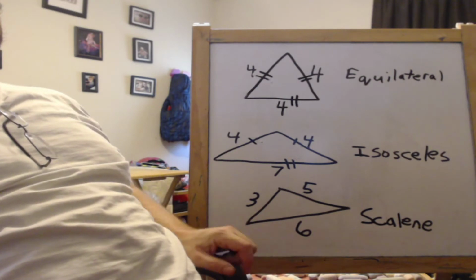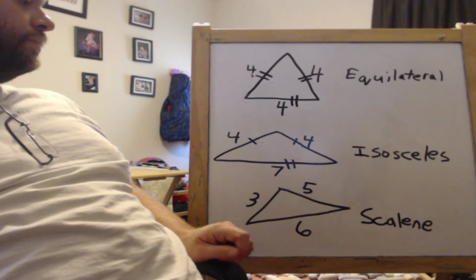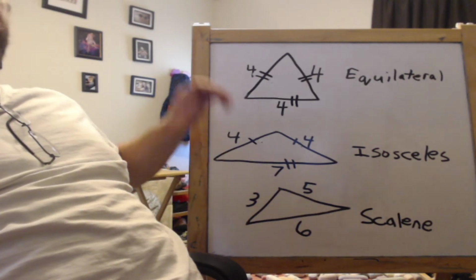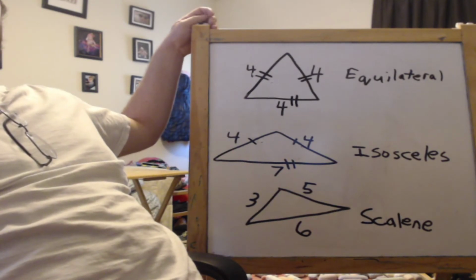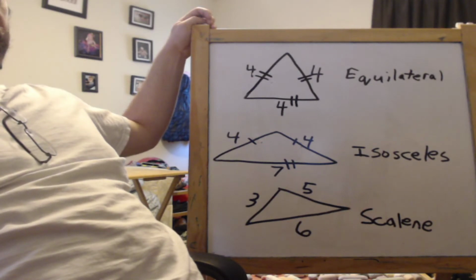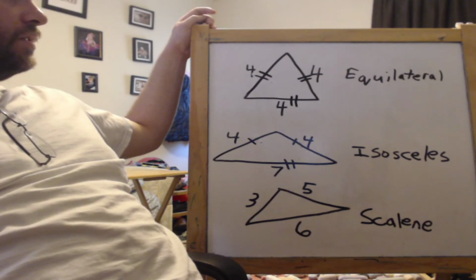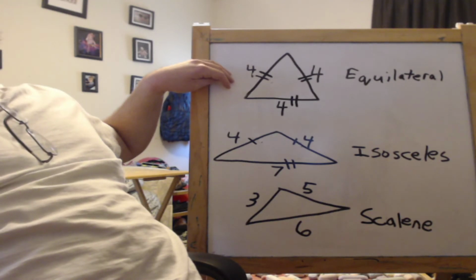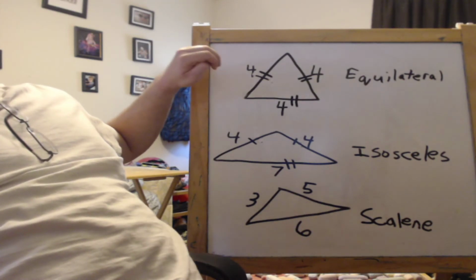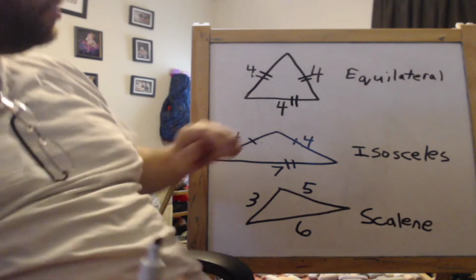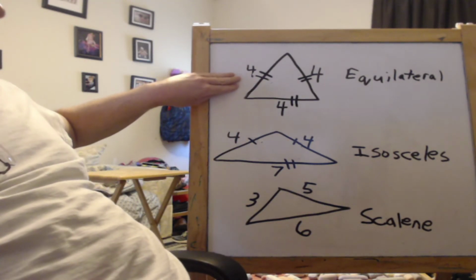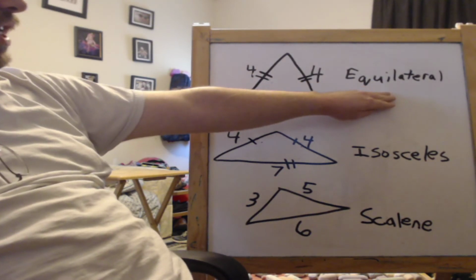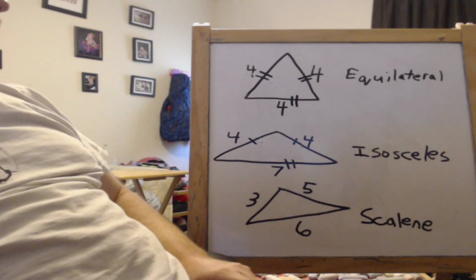So in another video, I'm going to talk about how this affects the angles specifically, because the lengths of the sides do have an effect on the angles. But this video is just about equilateral, isosceles, and scalene and what they mean.